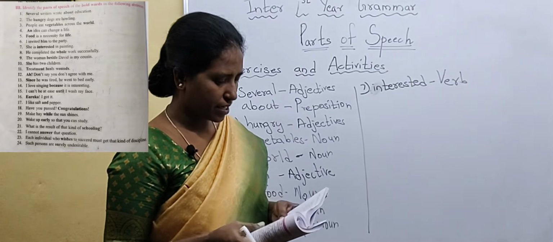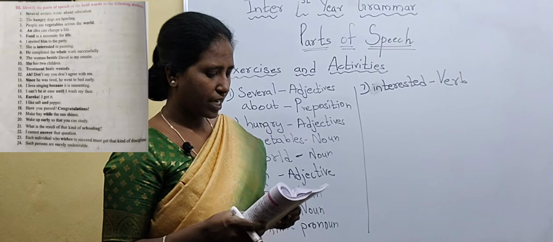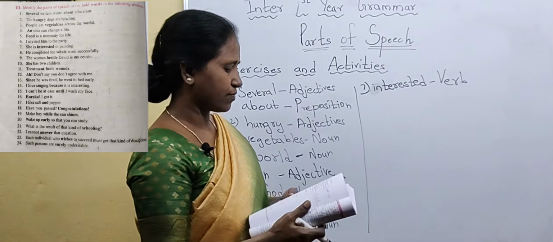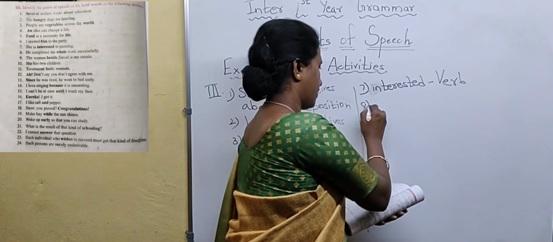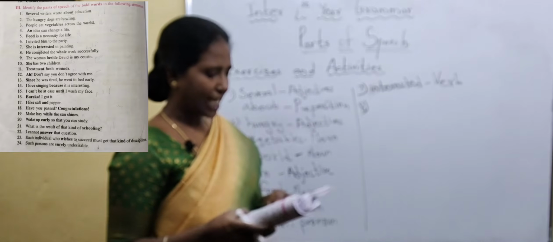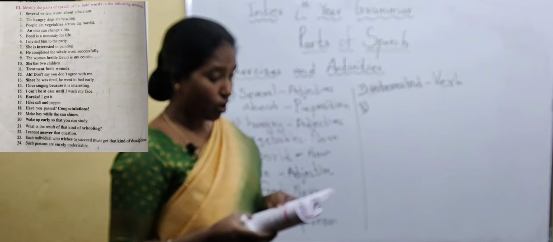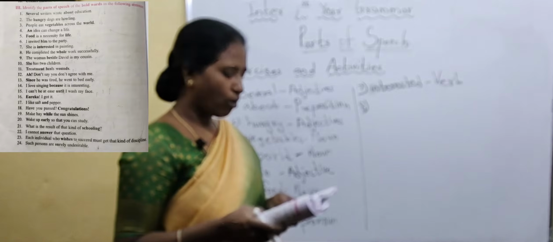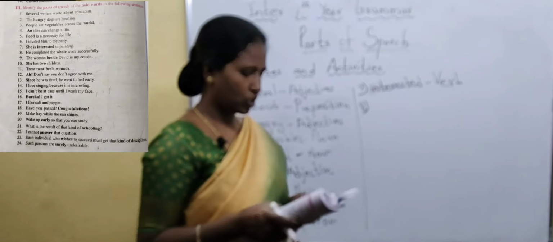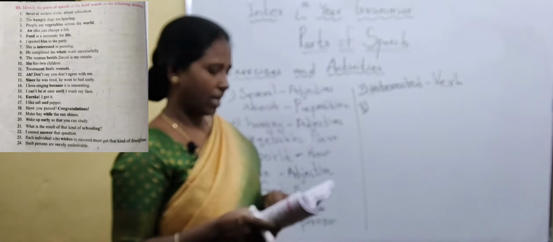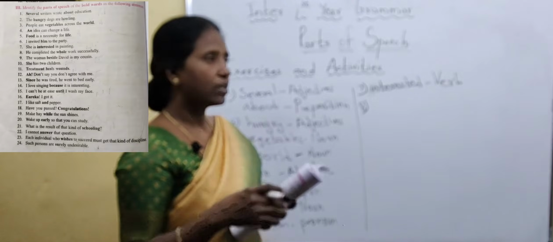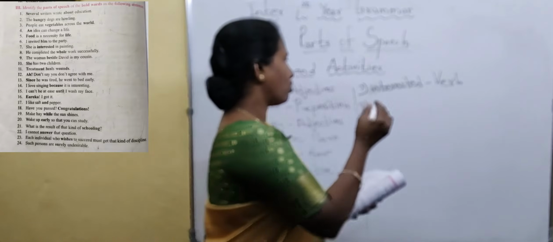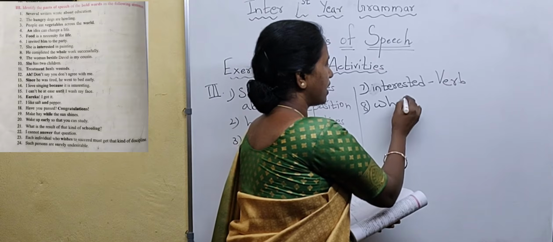Eighth one. He completed the whole work successfully. Whole is in bold letters. Immediately after whole, you have the noun work. So whole is an adjective.